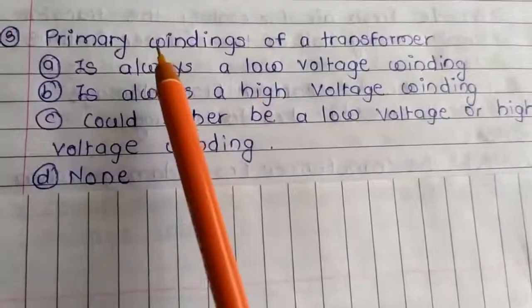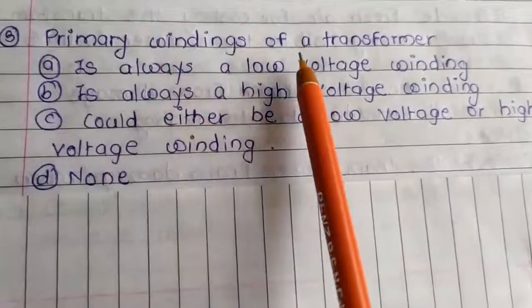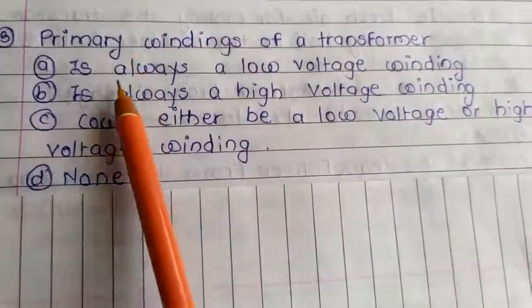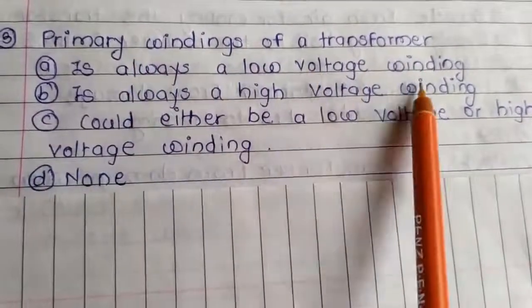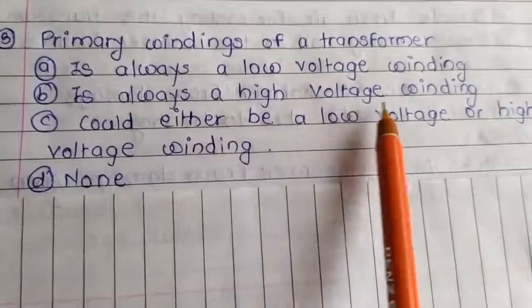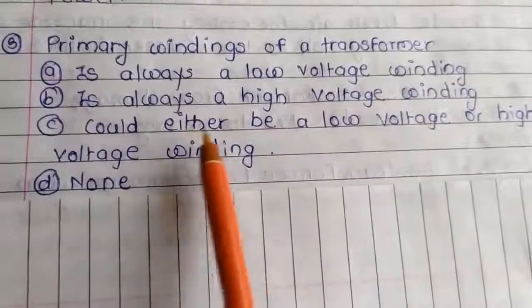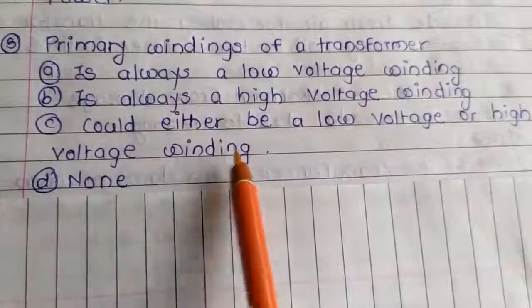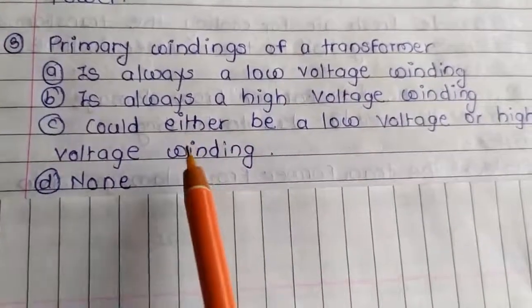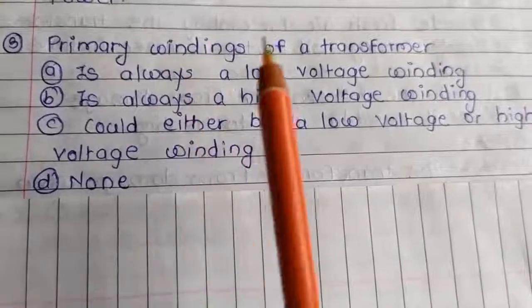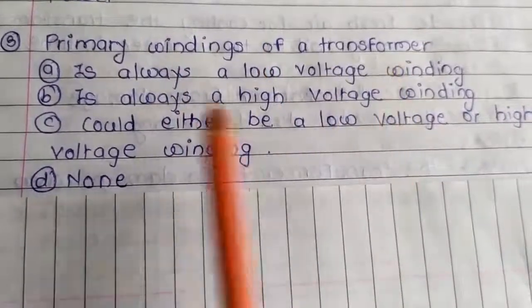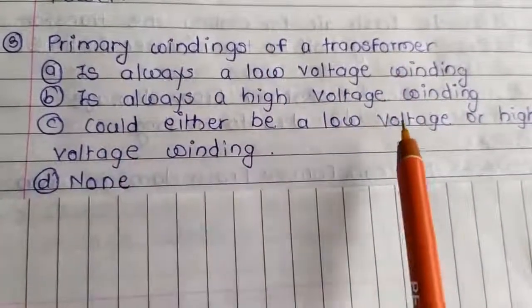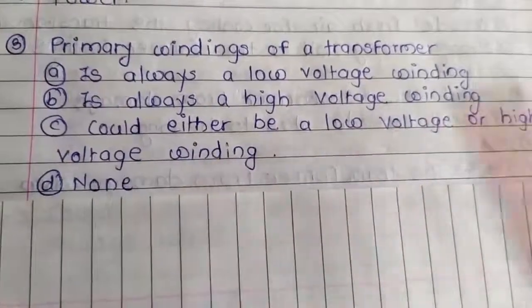Primary windings of a transformer: is always a low voltage winding, is always a high voltage winding, could either be a low voltage or high voltage winding, none. Answer is, primary windings of a transformer could either be low voltage or high voltage winding.